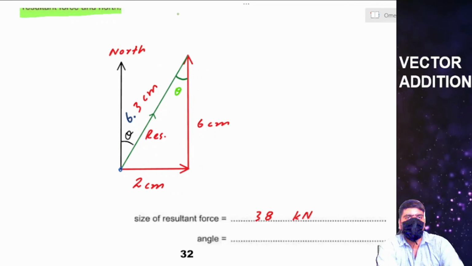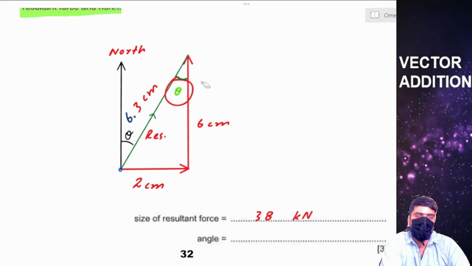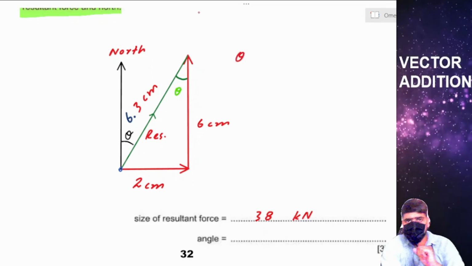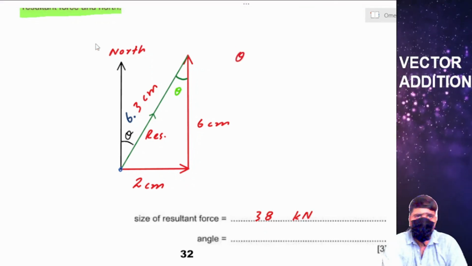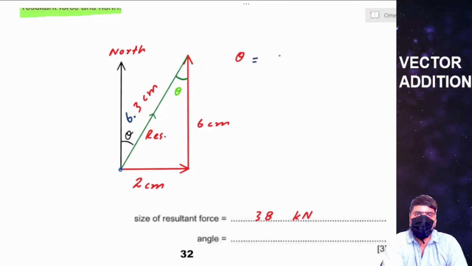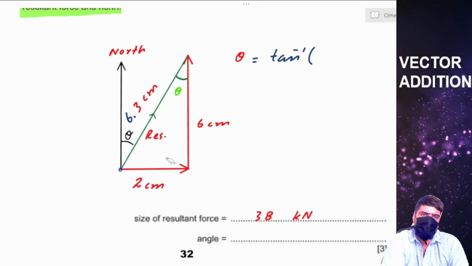Mathematically, you can find this theta using the formula, that is theta equals tan inverse of perpendicular, which is opposite to the theta.